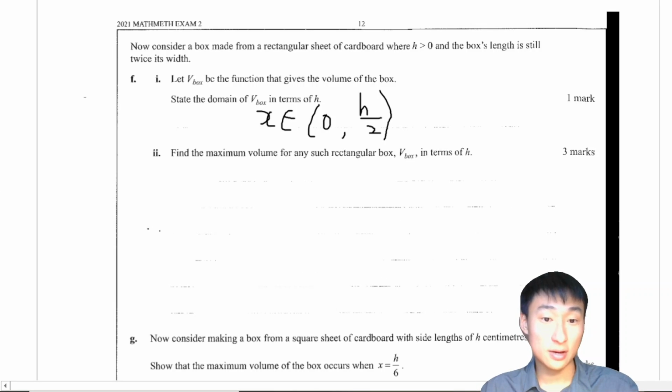Okay, so what we have is V box dash box is equal to 0.